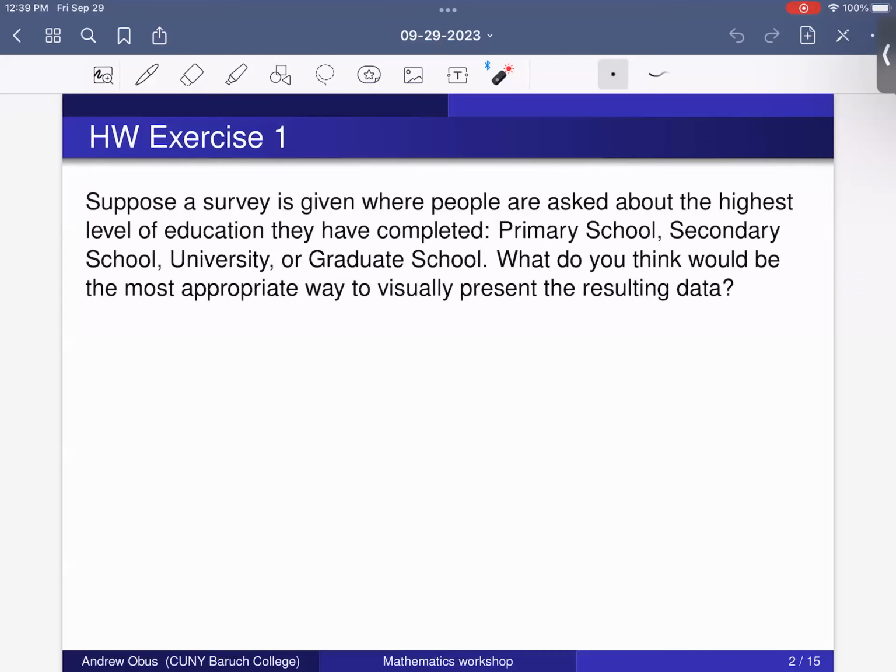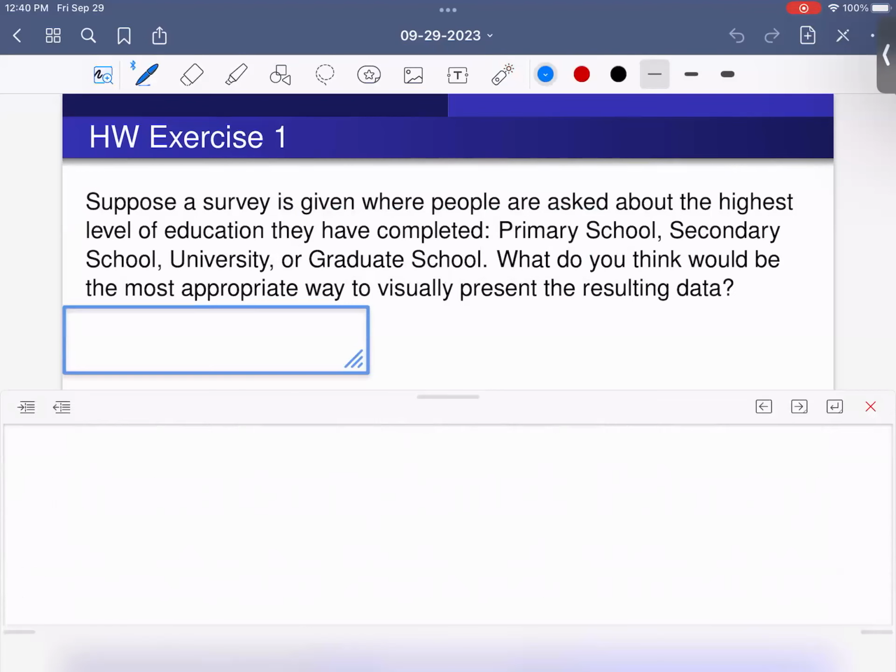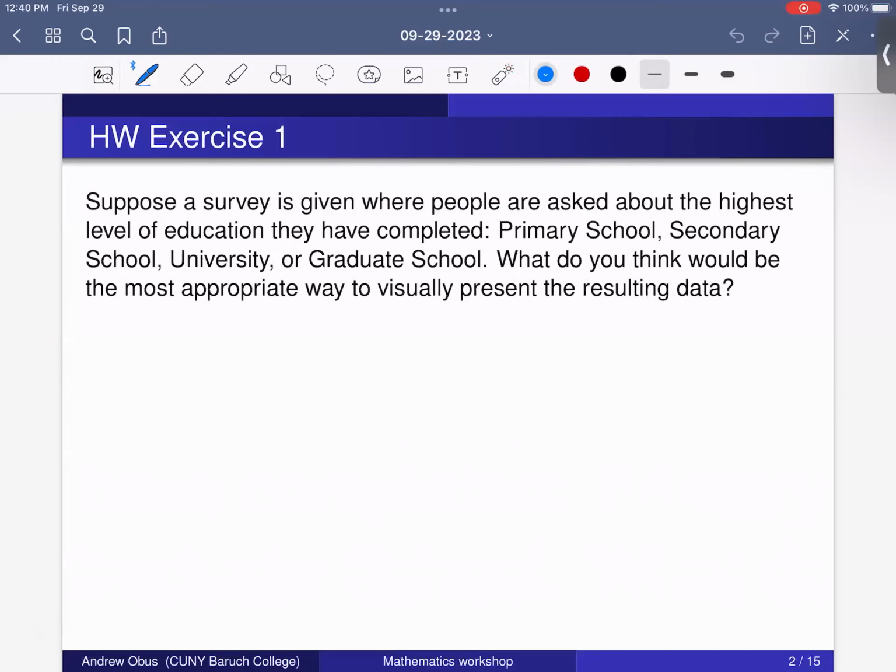So I would say I could represent the resulting data in the form of a bar chart. There will be a couple of people that will tell me maybe primary education, some will tell me secondary, and others will tell me university or graduate school.